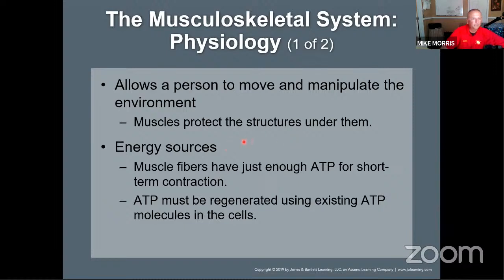Again, the function of muscles is to protect, right? We know that. It has to have an energy source. We've talked about how metabolism works and how ATP is created. So the energy source for muscles is ATP. We talked about potassium and calcium and how important they are for muscle contraction.